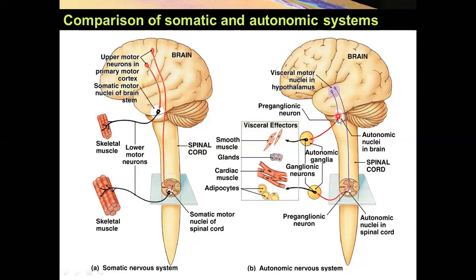And there are pre-ganglionic visceral motor neurons, and also post-ganglionic visceral motor neurons. So these are unique to the autonomic nervous system. In the autonomic nervous system, there are pre-ganglionic and post-ganglionic neurons. By contrast, in the somatic nervous system, there are upper motor neurons and lower motor neurons.